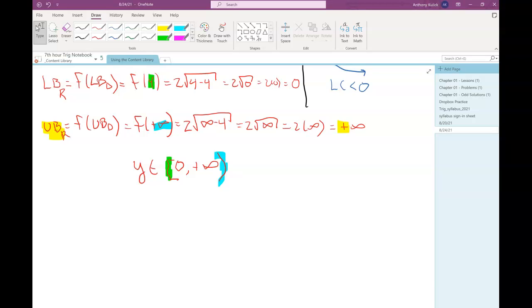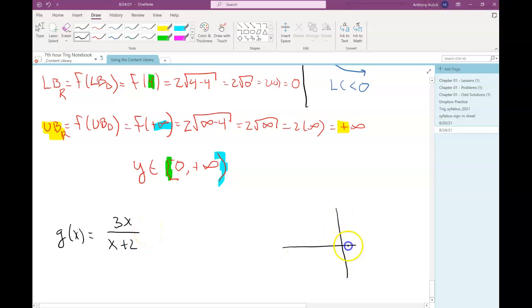Okay. Next up, we have g of x equals 3x over x plus 2. So again, ideally we remember back from our Algebra 2 class, I recognize this as a simple rational function, so it's going to have a vertical asymptote and a horizontal asymptote.